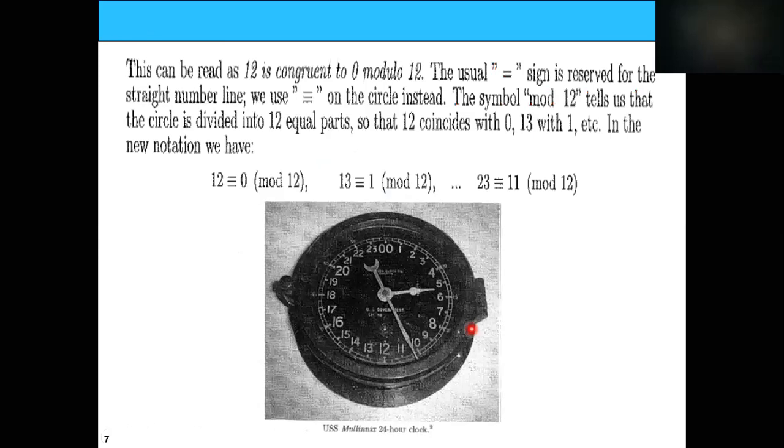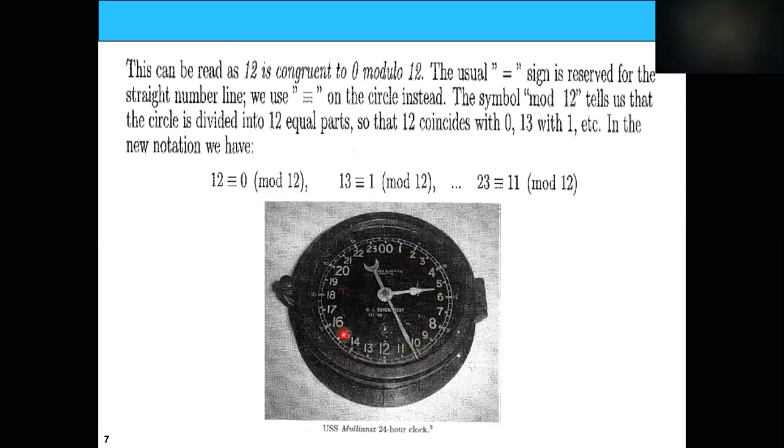It's a quite famous clock. Generally there are 24 hours in a day, so this clock, which you sometimes call a 24-hour clock, is very famous. Here you can see 0, 1, 2, 3 up to 23.